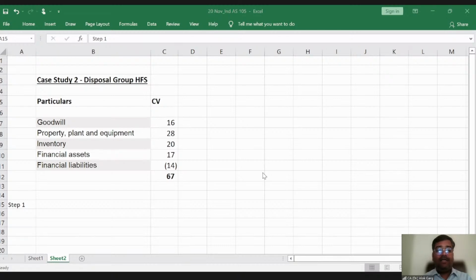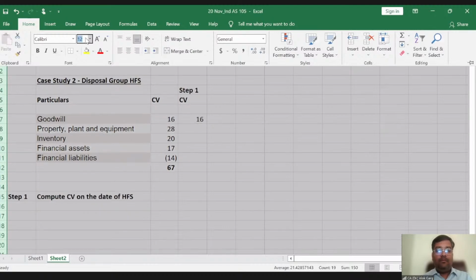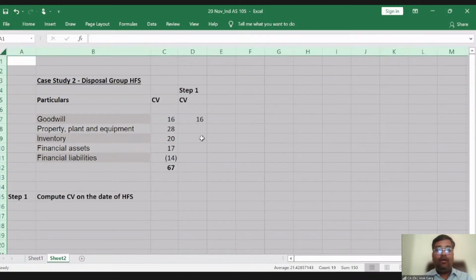Carrying value on the date of HFS. Compute carrying value on the date of HFS. So step number 1, carrying value on the date of HFS is given. There is no information on goodwill, so we will consider goodwill as 16 million only.